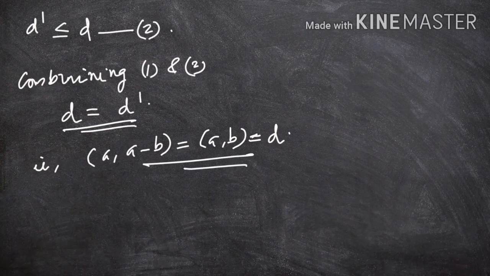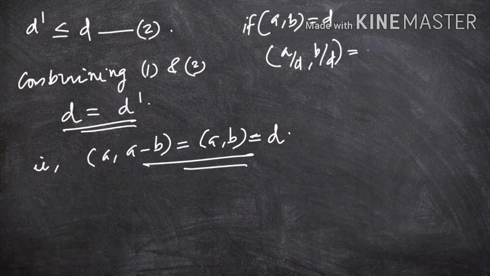So we have obtained two results. If GCD of A comma B is equal to D, then the GCD of the two numbers obtained by dividing by the common factor is 1, so the two numbers will be relatively prime.